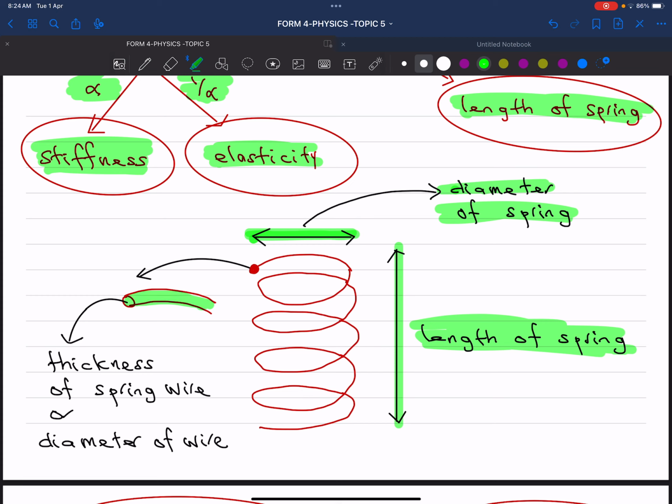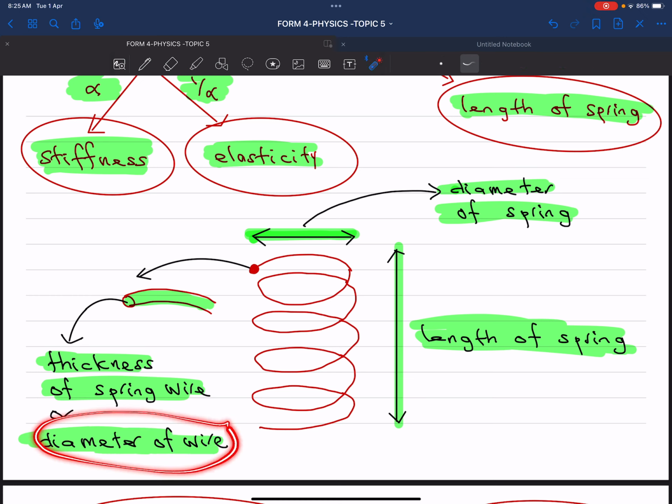So this is the thickness of the spring wire. Sometimes they also call it the diameter of the wire. So we have two diameters: the diameter of the wire and the diameter of the spring.